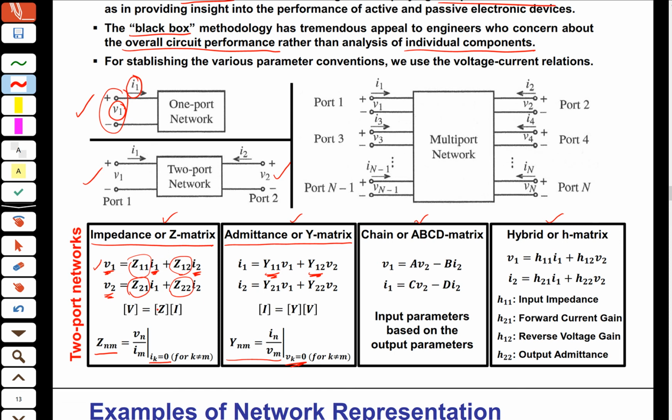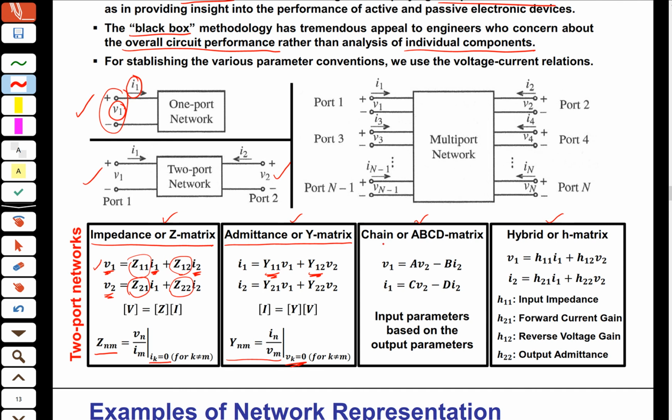For a two-port network, I say how the voltage at port 1 depends on the parameters at port 2, or how the current at port 1 relates to the voltage and current.